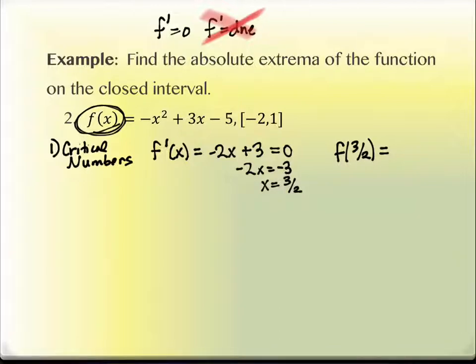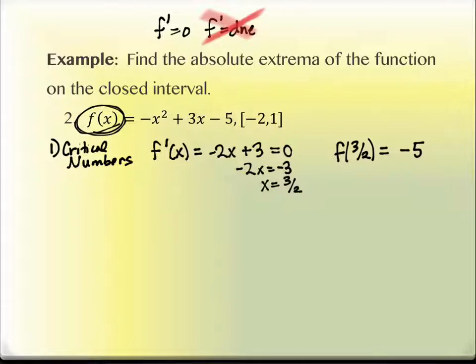So what I need is the y value that corresponds. If I plugged this into negative x squared plus 3x minus 5, the question is, what y value do I get? Negative 5. Okay, and we'll come back to this in a moment.